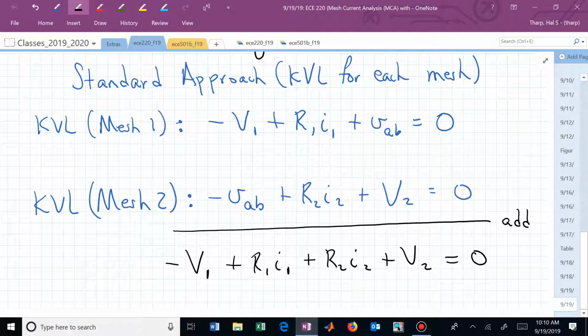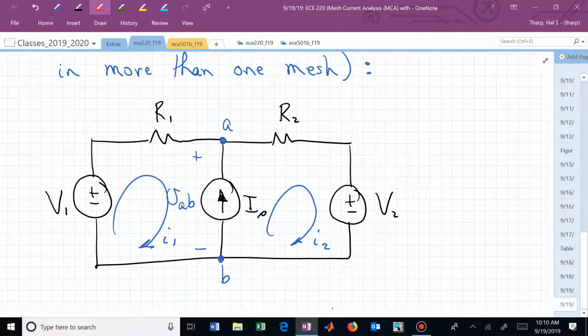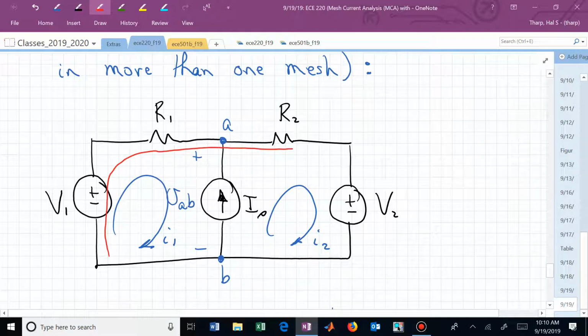I've eliminated V sub AB, which was unknown. And how could I have written this down immediately without writing those first two mesh equations? Well, if we just look back at this circuit, I went minus V1 plus R1 I1 plus R2 I2 plus V2, and I'm back to the bottom.